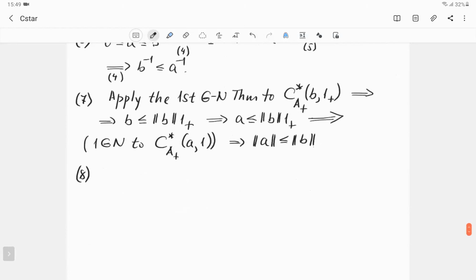So part 8 also follows from the Gelfand-Naimark theorem applied to the C-star subalgebra generated by A and the identity element. Or in the unital case, we can take the C-star subalgebra of A generated by A and the identity of A. And the result will be the same. Okay, so this completes the proof of our proposition.